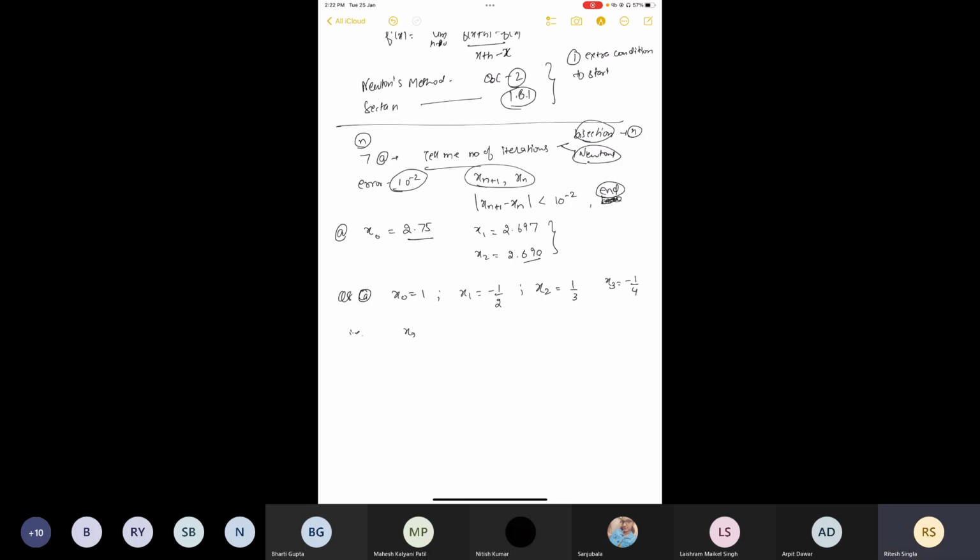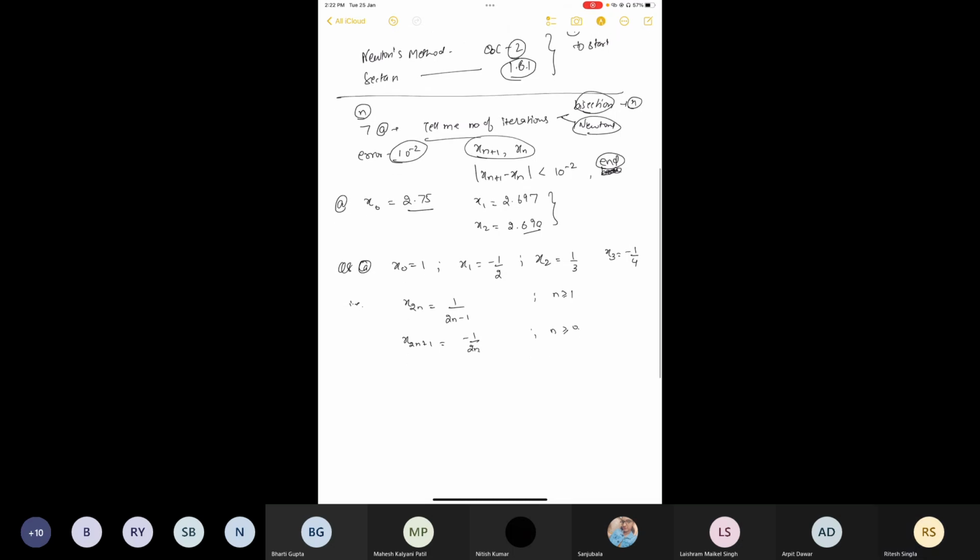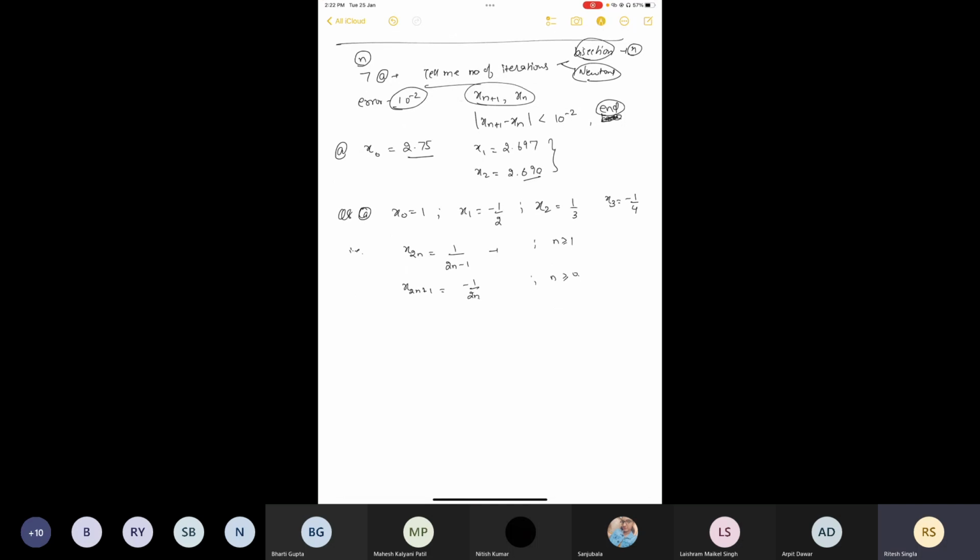That is, x of 2n is 1 upon 2n, for n greater than or equal to 1, and x of 2n plus 1 is minus 1 upon 2n plus 1. In both cases it is converging. If it is oscillating between positive and negative, you can't say that it is not converging.